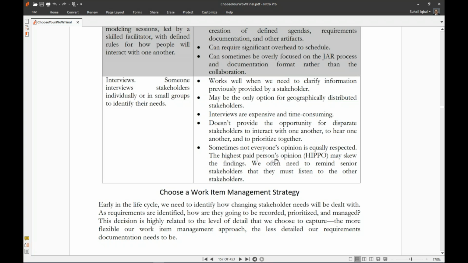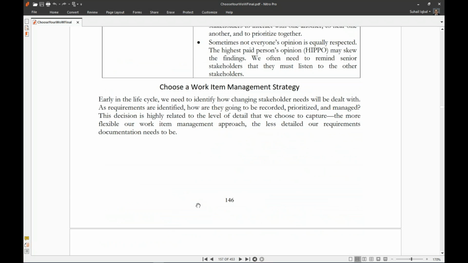The highest paid person's opinion, HiPPO, may skew the findings. We often need to remind senior stakeholders that they must listen to the other stakeholders.